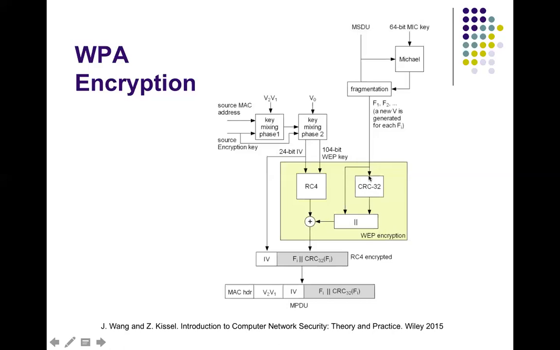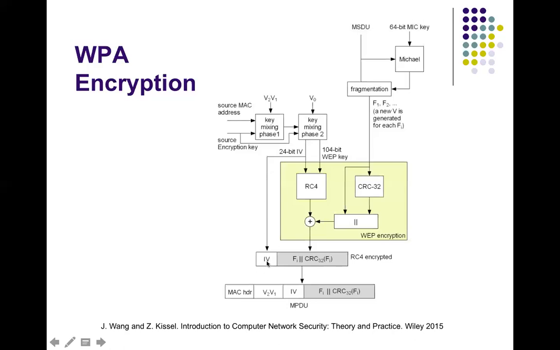So finally it goes into this WEP encryption. Then you get FI, because this FI already has this integrity check value, and CRC32 FI because you are using WEP encryption.